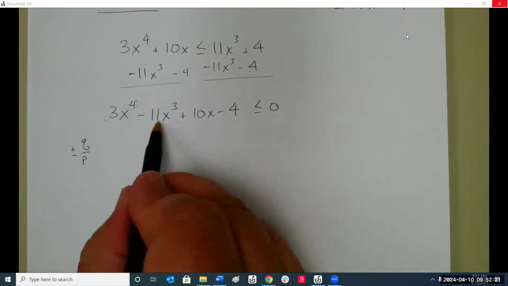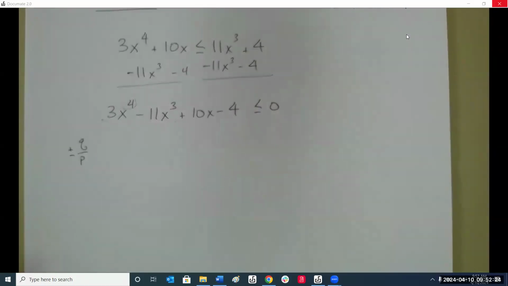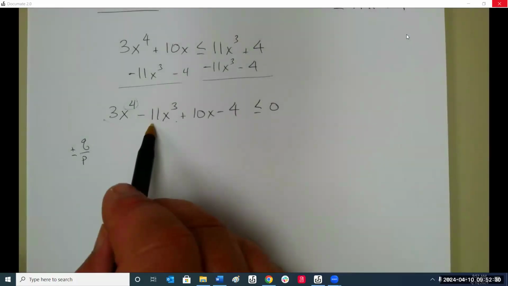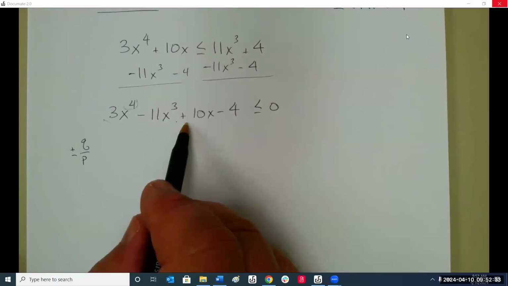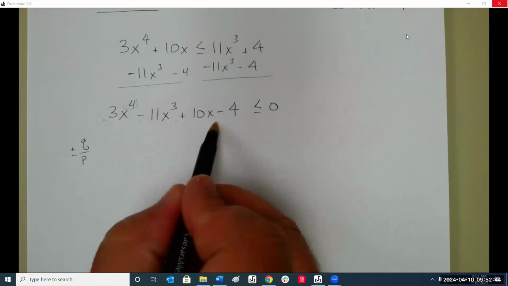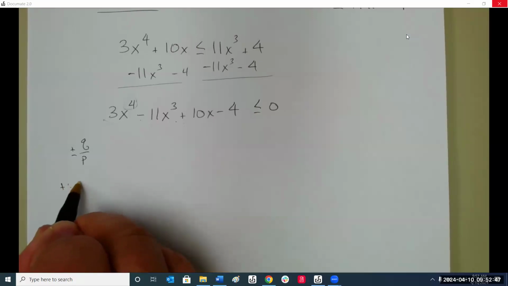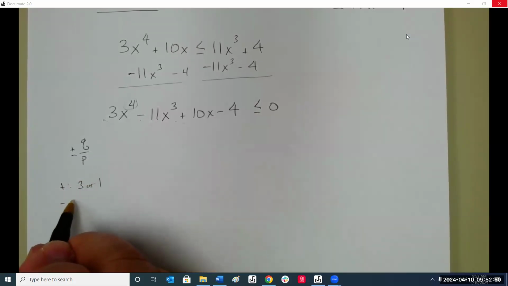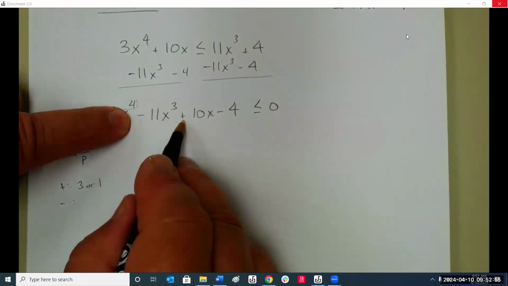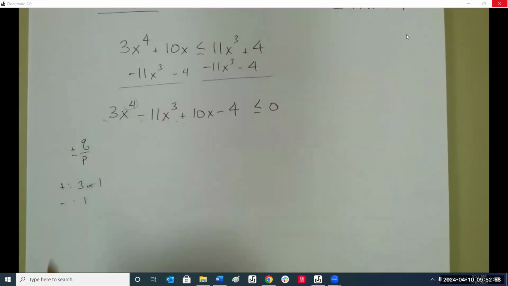By Descartes' rule of signs, we have 1 sign change, 2, 3 sign changes, so 3 or 1 positives. Positive to negative, that's 1 negative. So I'm thinking we're going to have 3 positives and 1 negative answer.